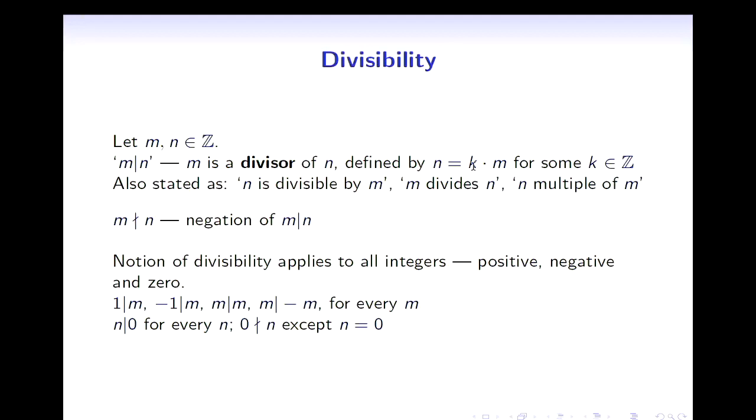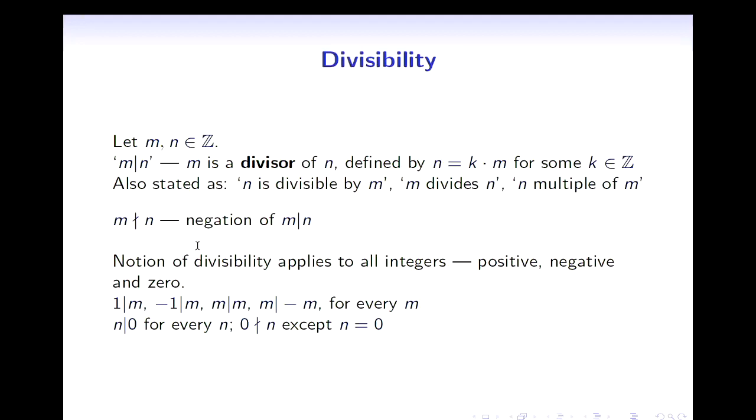And of course, it also means that 3 is a divisor of 15, because you can find k equals 5, so that 15 equals 5 times 3. Other ways of saying the exact same thing is that 15 is divisible by 5, 5 divides 15, or 15 is a multiple of 5. And if you want to say that m is not a divisor of n, then you can use this notation here. Now, this is all very standard.